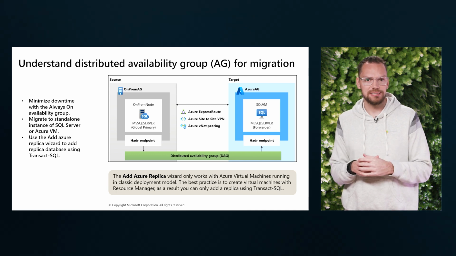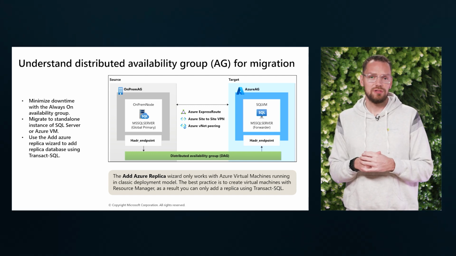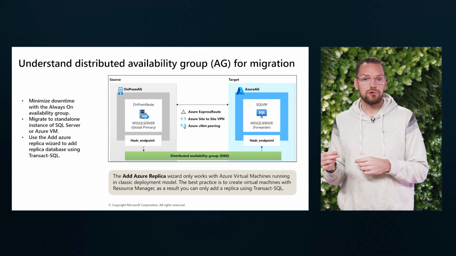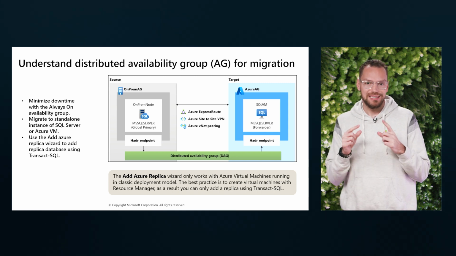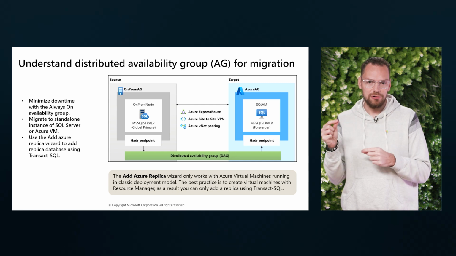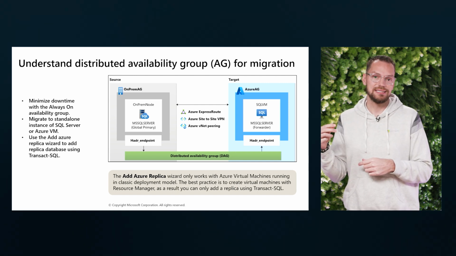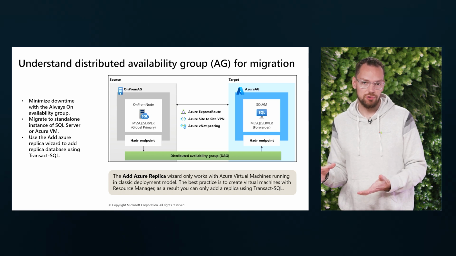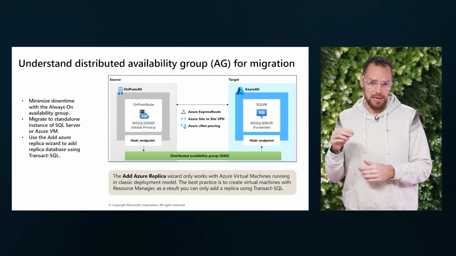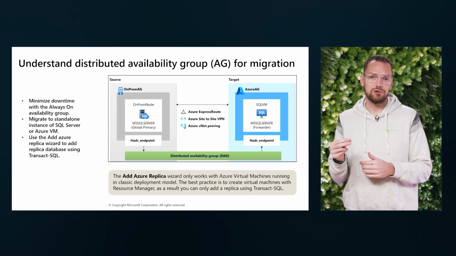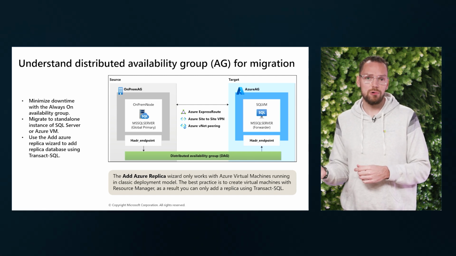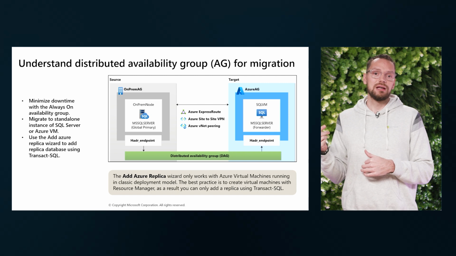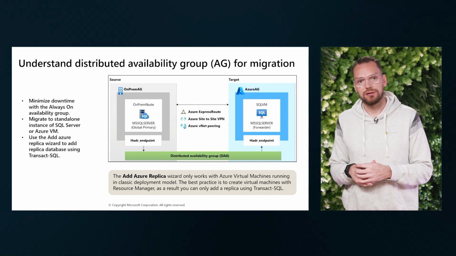However, best practices recommend using the Azure Resource Manager for creating virtual machines on Azure. This means that to add a replica, you will need to utilize T-SQL, which provides greater flexibility and control over the provisioning. The distributed availability group is a great contender for mission-critical workloads, as it would limit the downtime during the migrations.